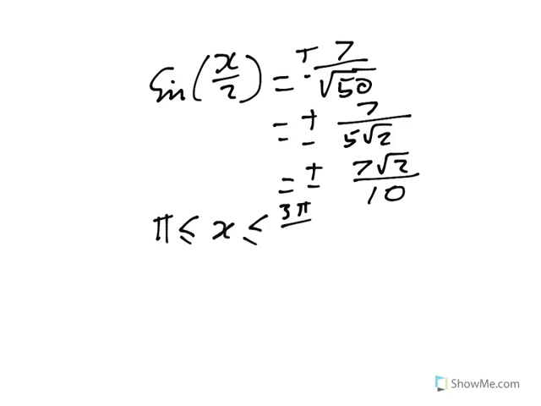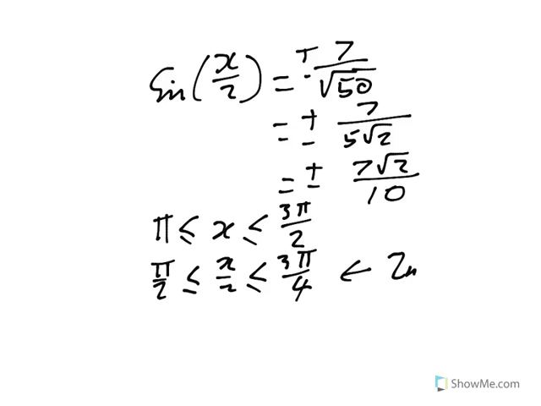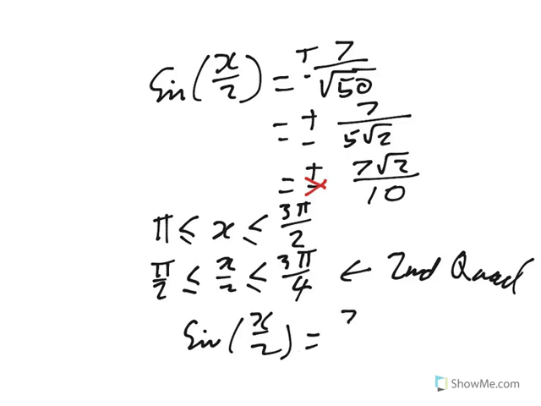That's the third quadrant, but we've now got x over 2, so pi on 2 is less than or equal to x over 2, which is less than or equal to 3 pi on 4. So that there is in the second quadrant, and in the second quadrant sine is positive. So we cross all of that out. So sine x over 2 is 7 root 2 over 10.